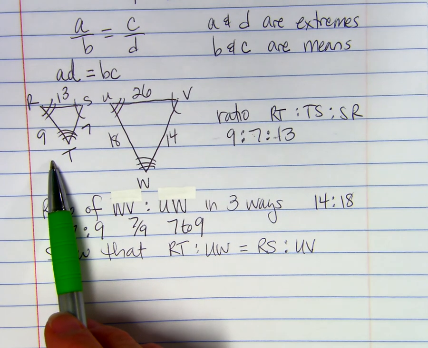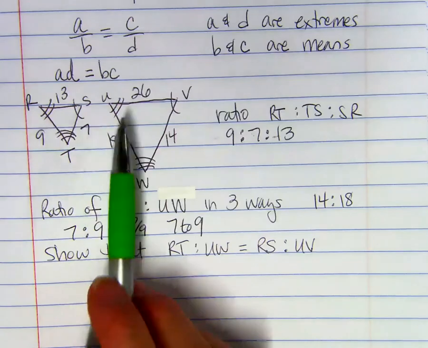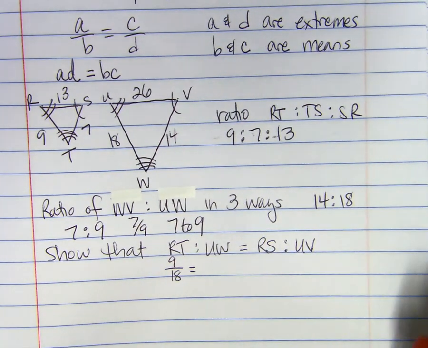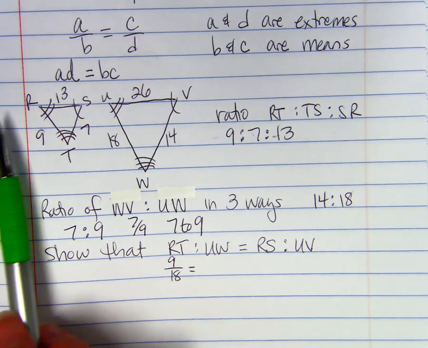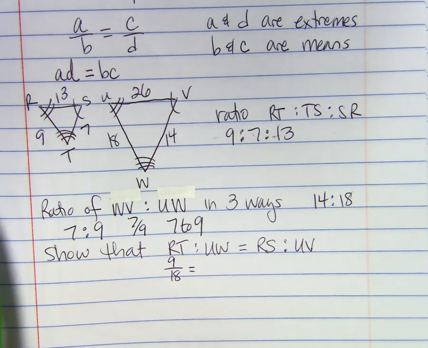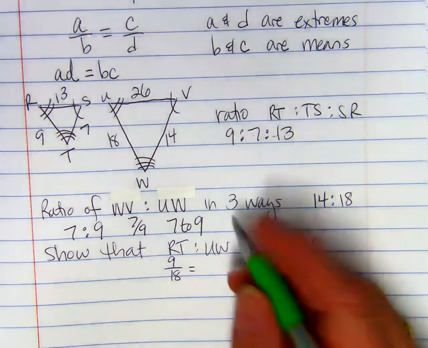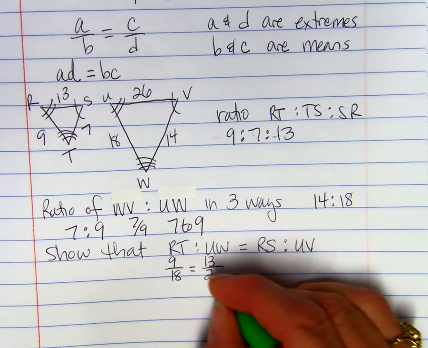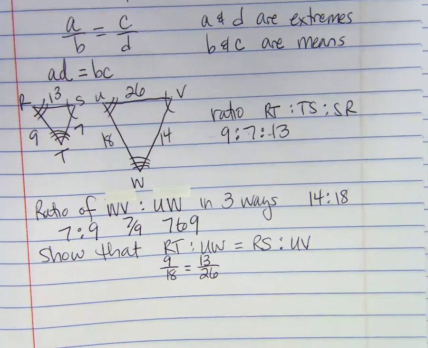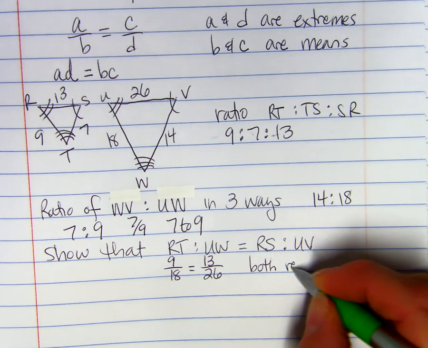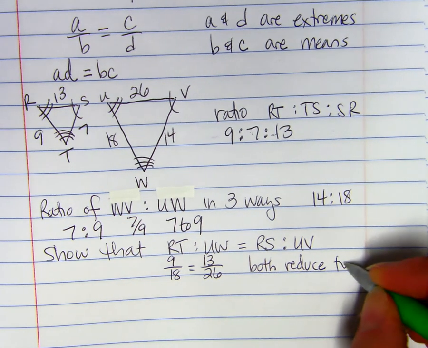So we have 9 to 18 equals 13 to 26. Since they both reduce to 1/2, you have a true proportion.